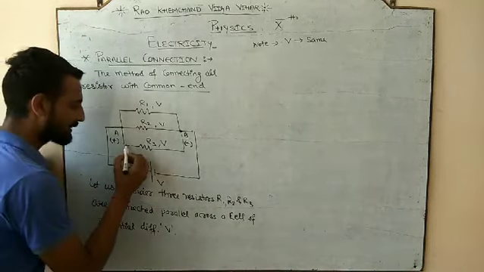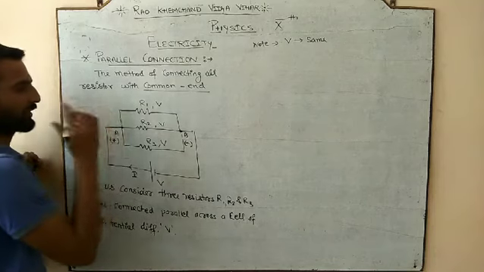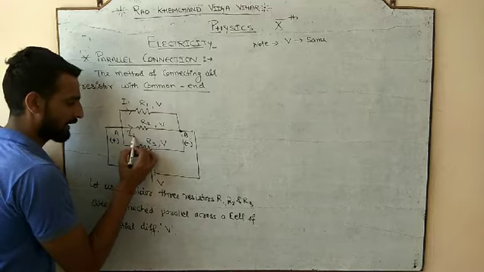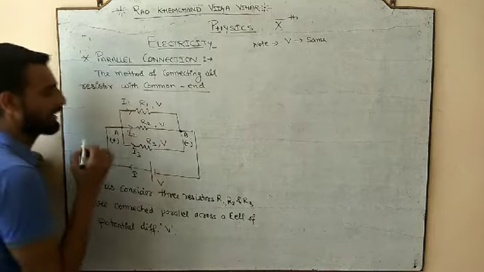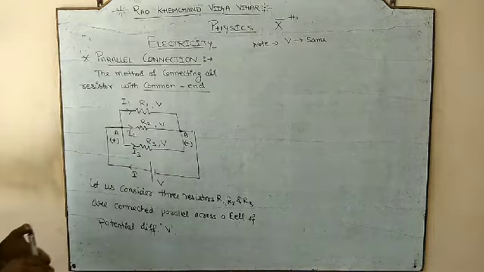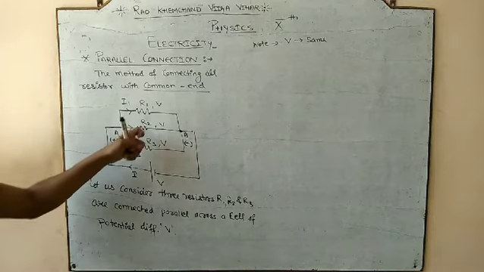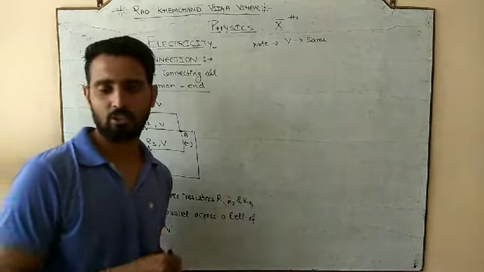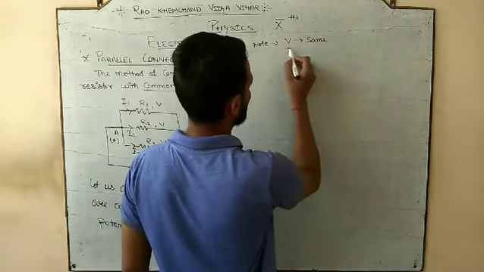But since all have different resistors but the potential is the same, all would have different current. So let's suppose the current across R1 is I1, across R2 is I2 and across R3 is I3. So we got all three currents. So here what is different?